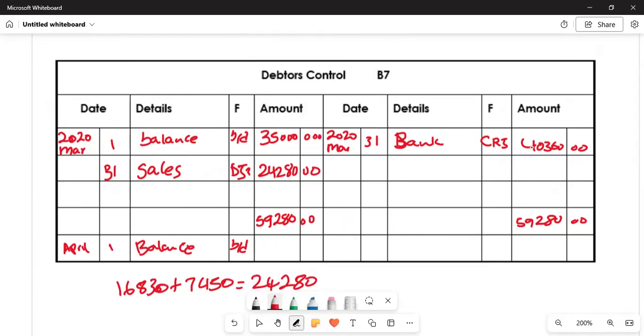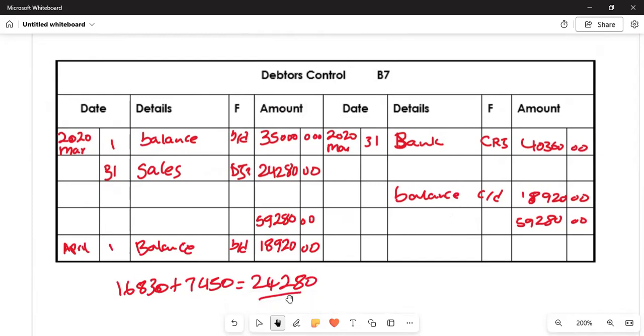When we subtract this from this, 59,280 minus 40,360, we're going to get 18,920. 18,920 as our balance brought down. But our balance carried down is going to be 18,920. That is our balance carried down for debtors control.